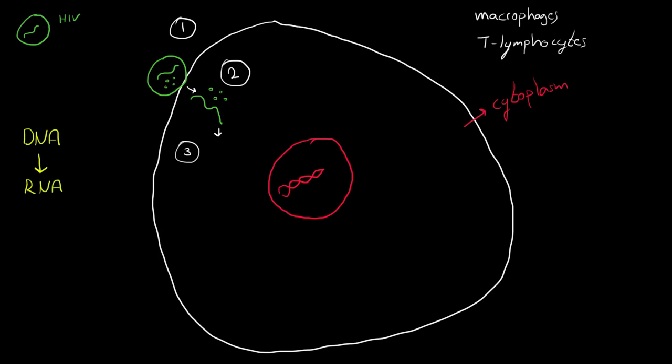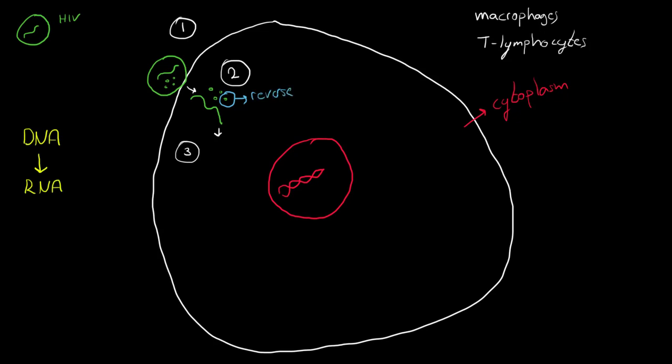Now, HIV has one enzyme that is called reverse transcriptase. So one of these enzymes that I talked about before is known as reverse transcriptase.